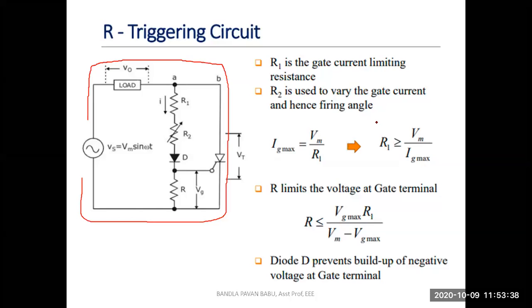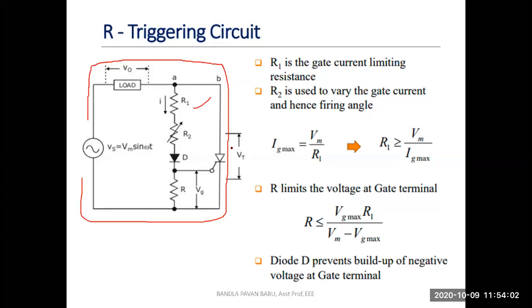Once again I will highlight the points mentioned. R1 is the gate current limiting resistance, or it is considered as the stabilizing resistance, and R2 is used to vary the gate current and hence the firing angle. Firing angle is the parameter used to control the gate current.